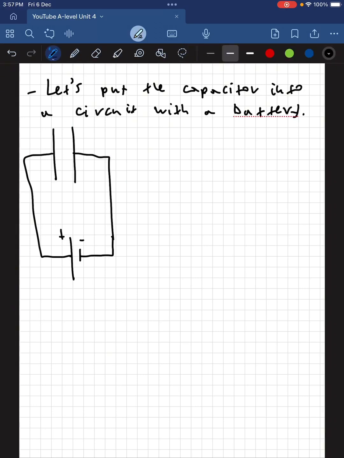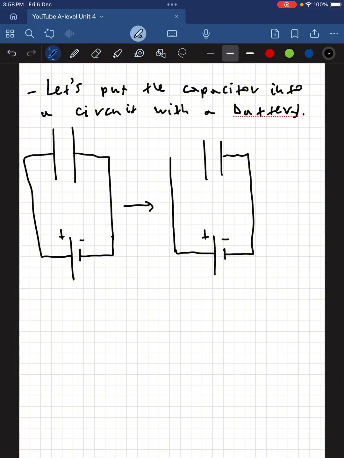All right, so what's going to happen immediately after we put the battery? This denotes a time evolution, I guess. So I'm going to draw the circuit again, plus, minus, and this is the parallel plate capacitor.